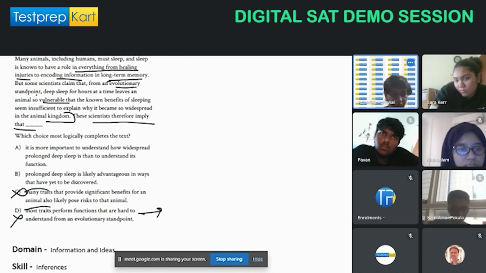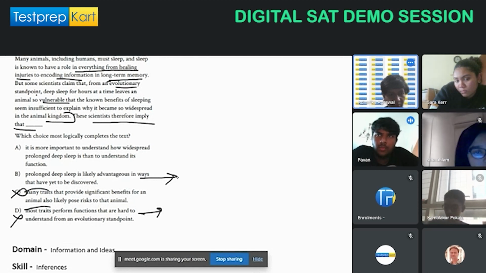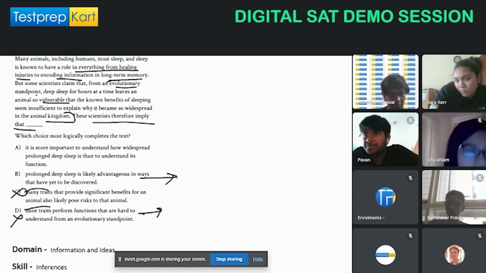What about option B? Prolonged deep sleep is likely advantageous in ways yet to be discovered. Is anyone else who thinks that could be the answer? Okay, who says no?